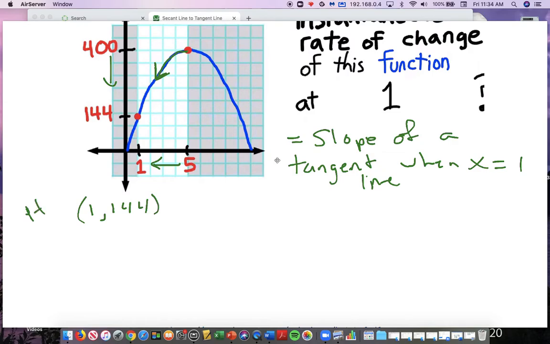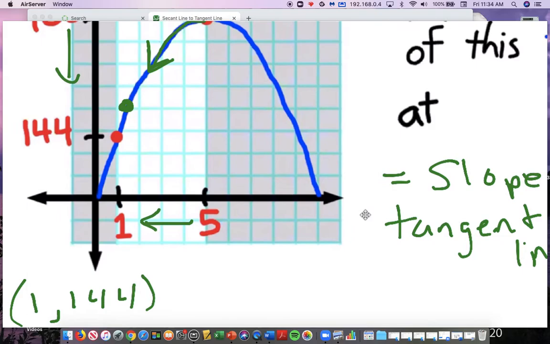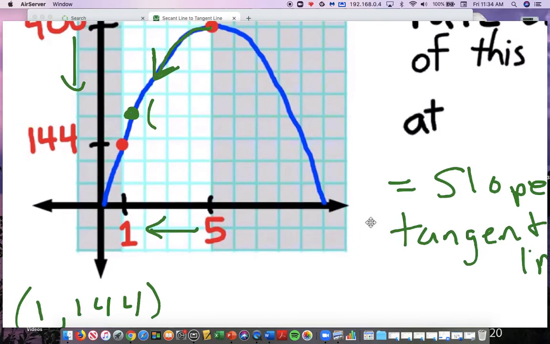Okay, that's the first point. That's point 1. Now, if I wanted to, I'd love to get a point in here, and I'd really love to get it even closer. But I need to think about what that point might be. That point is 1 plus some value, and f of 1 plus that same value.